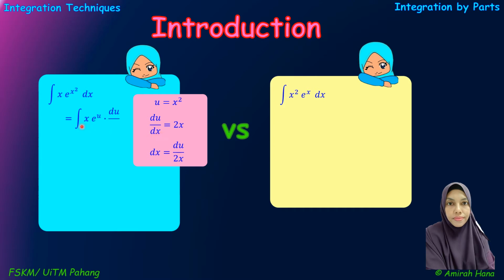After that, we substitute back into the given question. Now we have integration of x e to the power of u du over 2x. From u equals x squared, we replace x squared with u, and dx with du over 2x.